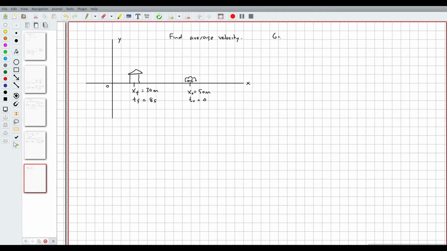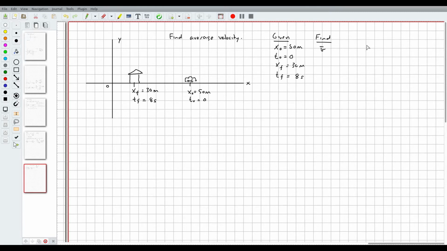We have been given an initial position of 50 meters, a watch that starts at 0, a final position of 30 meters, and a watch that reads 8 seconds when we run through the door. And we'd like to find our average velocity.